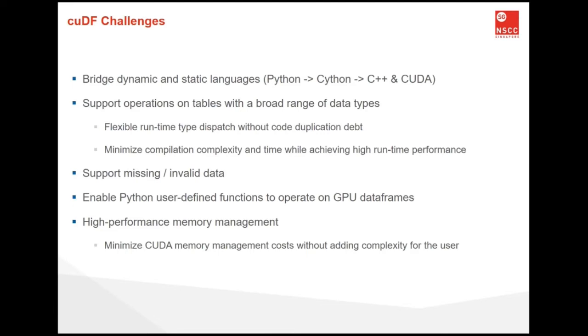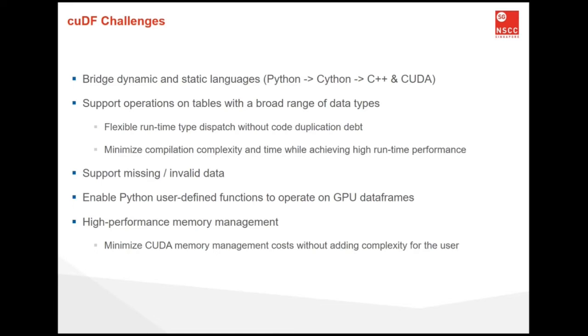Well, let's talk about some of the challenges that we have to deal with. The aim is to deliver accelerated GPU performance, with the flexibility and the breadth of functionality of libraries like pandas. So we have to bridge dynamic languages to static languages, C++ and CUDA C++.